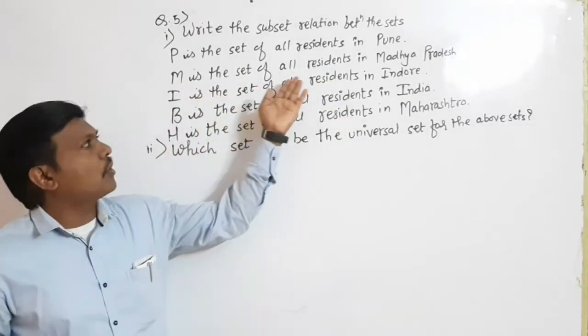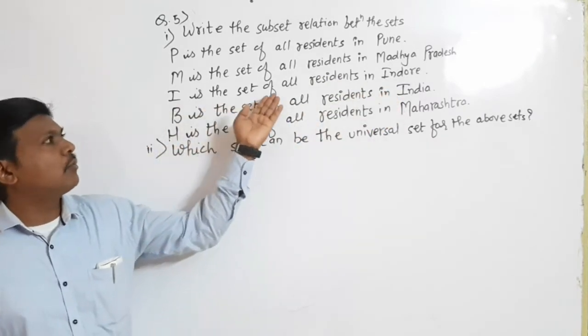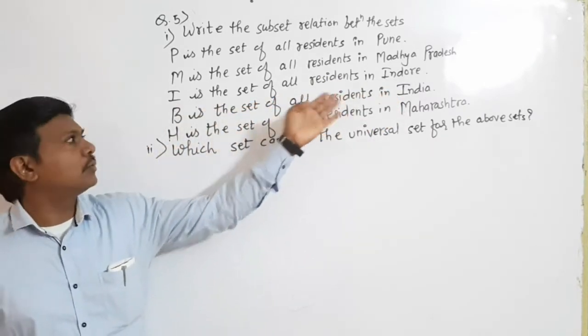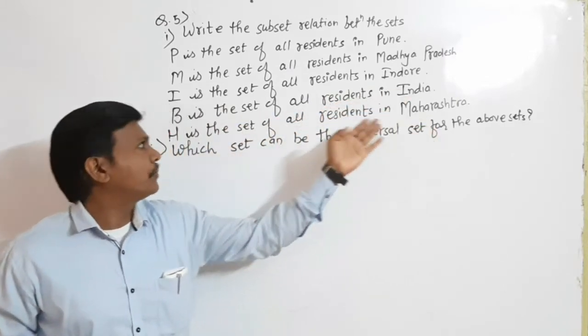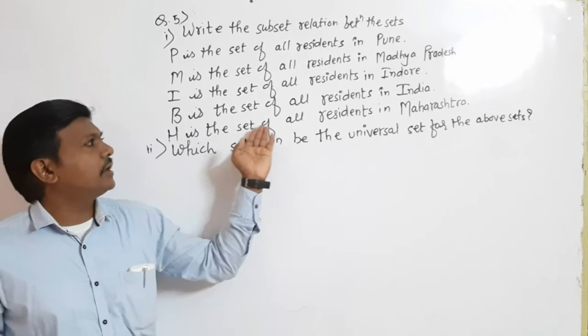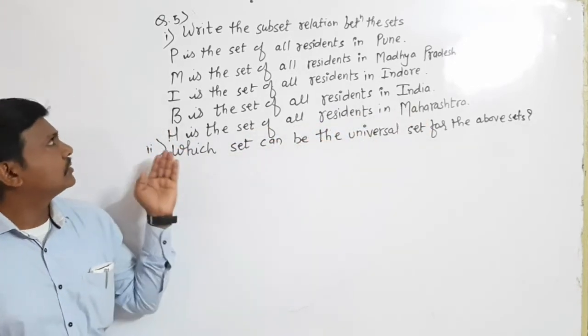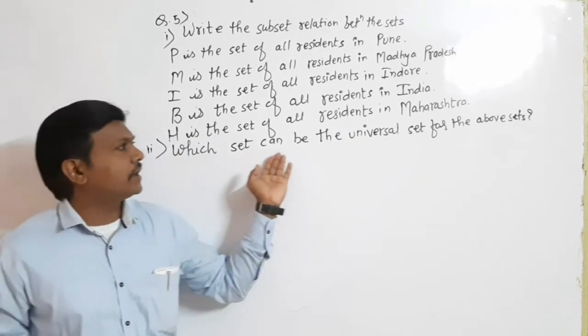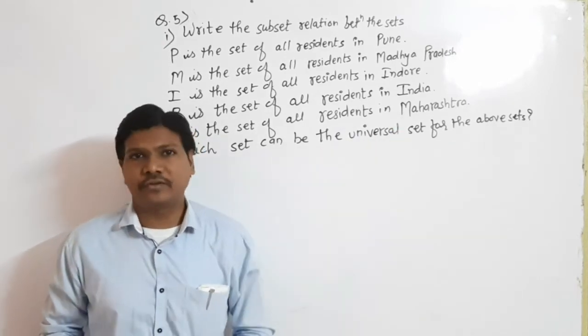M is the set of all residents in Madhya Pradesh. I is the set of all residents in Indore. B is the set of all residents in India. And H is the set of all residents in Maharashtra. Then the second question: which set can be the universal set for the above sets?